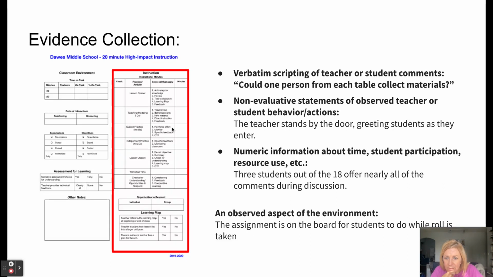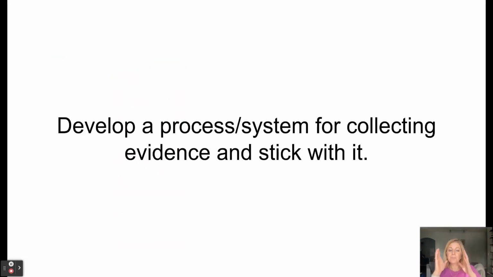If the classroom is in guided practice, I'm going to be giving some feedback to the teachers and collecting evidence about the number of students that got feedback and how they got feedback. So this tool helped me to narrow what quantitative information I'm going to give teachers, or data I'm going to be collecting, and what qualitative data I'm going to be collecting. But I want to give a balance of both.